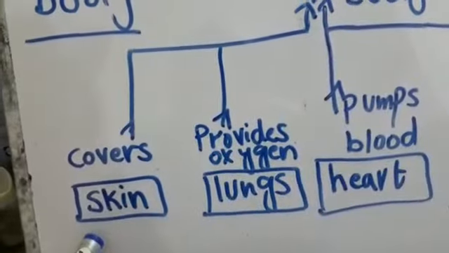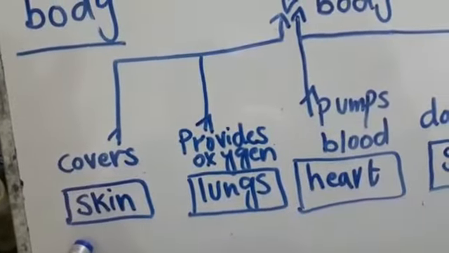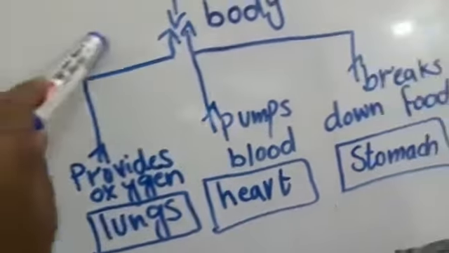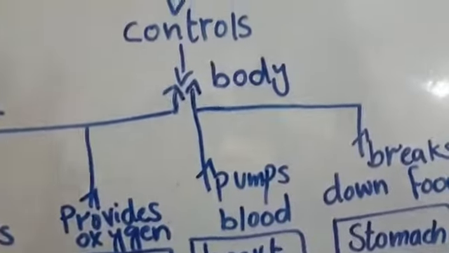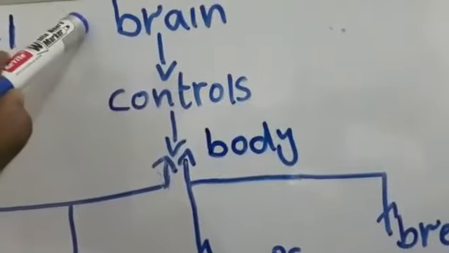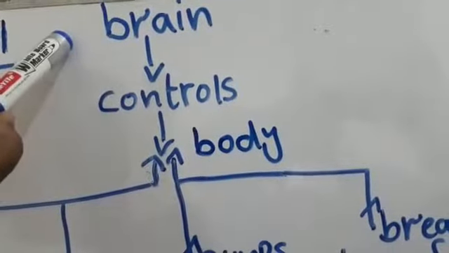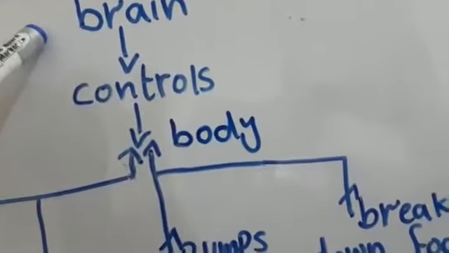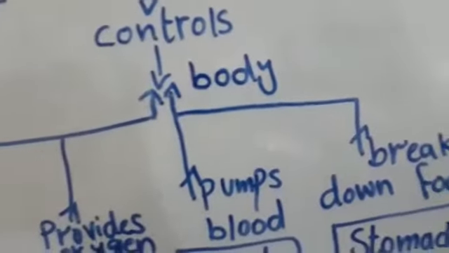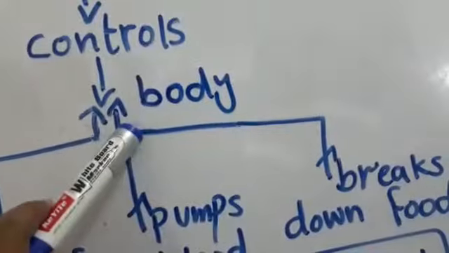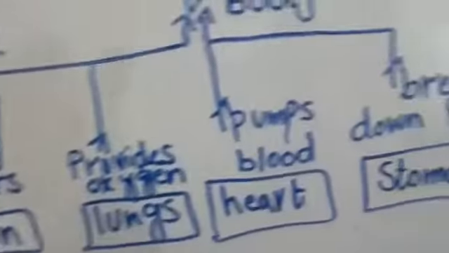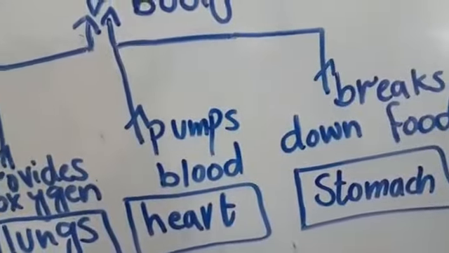The first one is skin. What is the function of skin? Covers the body. Clear? The major part of the human body is the brain, that controls all these parts, even the body's major parts. Clear?